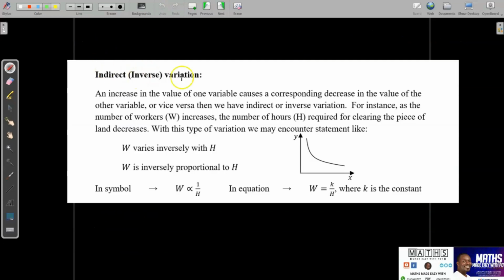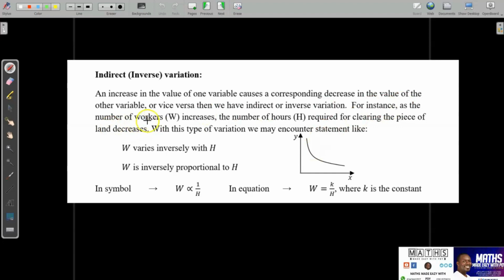When it comes to inverse variation, an increase in the value of one variable causes a corresponding decrease in the value of the other variable, or vice versa. So when you have an inverse variation, this is how the graphical representation is. You need to know this. Please, are you with me?